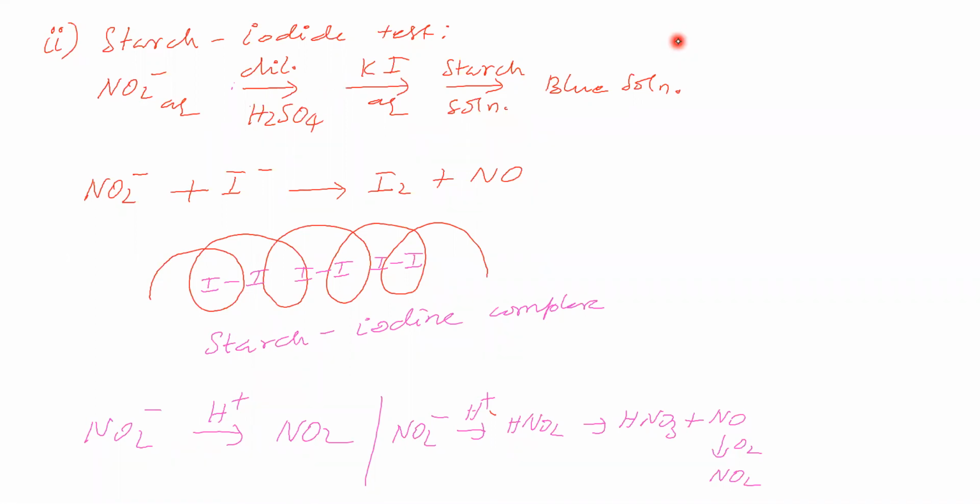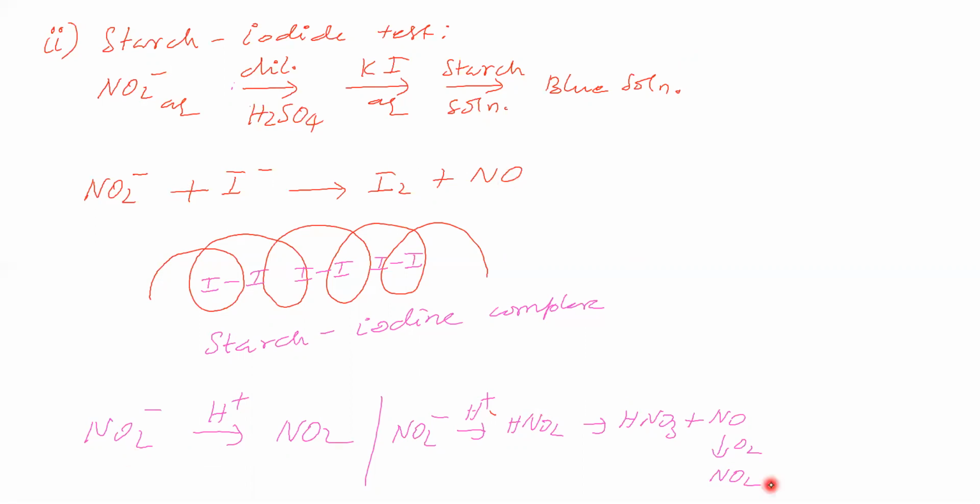Dilute sulfuric acid is added, followed by potassium iodide and starch. So what will happen? Part of nitrite will convert like this.